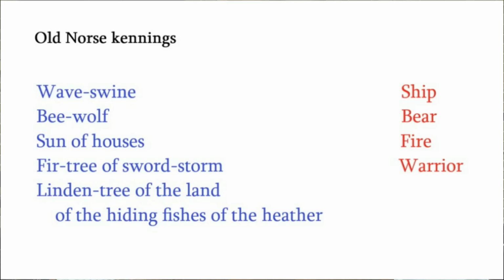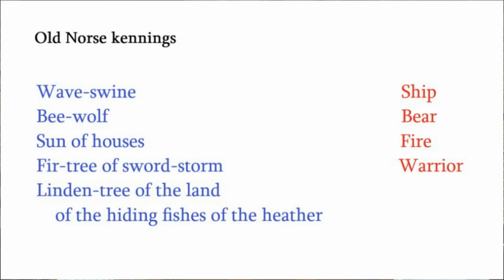Let's reveal the mystery of the linden tree of the land of the hiding fishes of the heather. The hiding fishes of the heather are snakes. Snakes are swift like fishes, but they hide in thickets of heather, not seaweed. That's why they are hiding fishes of the heather.